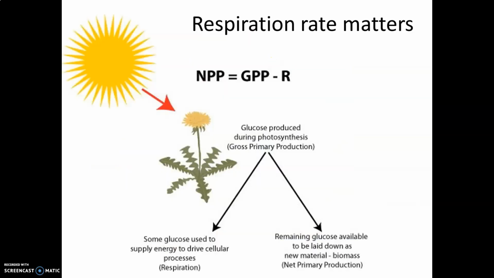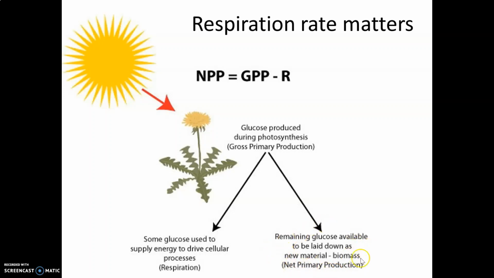And this is another picture that shows the same thing, because you should of course keep in mind that plants also do cellular respiration. So all the glucose produced during photosynthesis is referred to as gross primary production, and some of that glucose is used by the plant itself in respiration, and some of it is then available as new material, as biomass, and we sometimes refer to this as the net primary production.